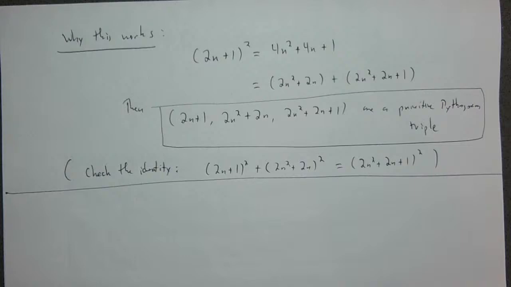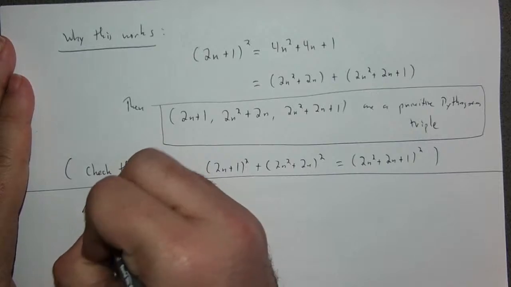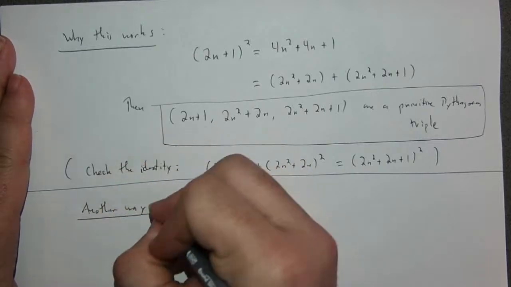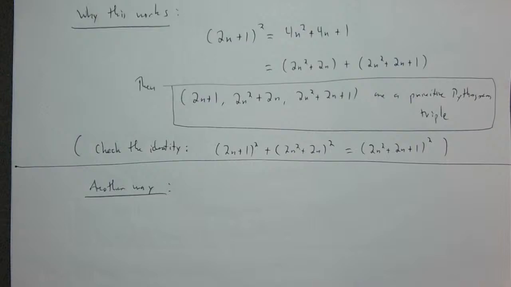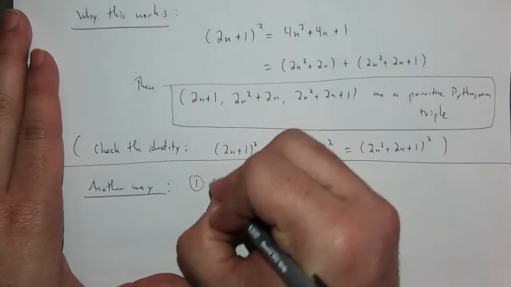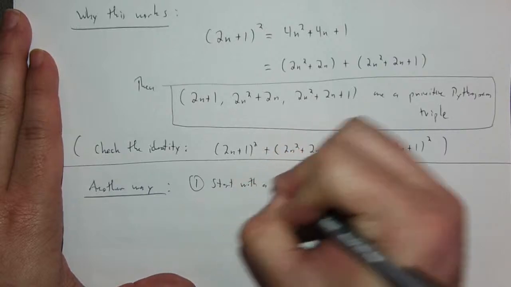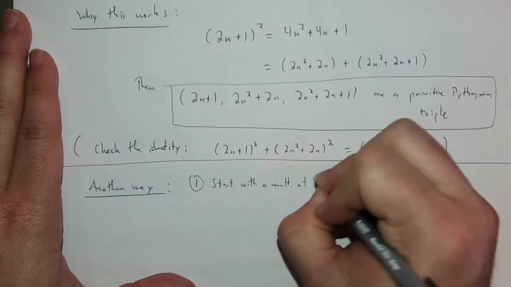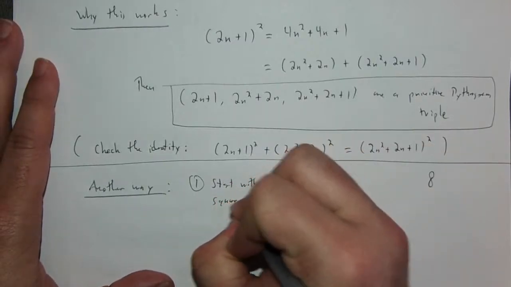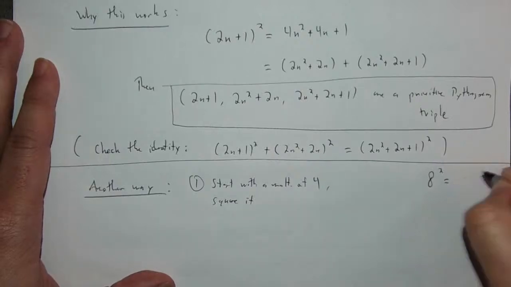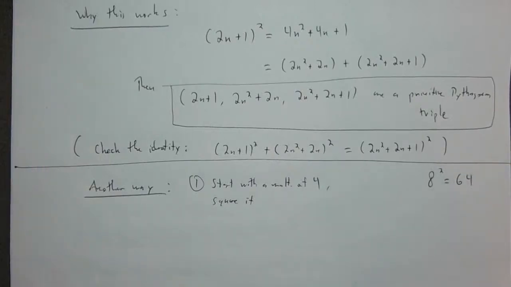Okay. So another way, before I give the general statement, in which this can be done is instead start with a multiple of 4. So let's say 8. Okay, over here. So square it. So 8 squared is 64. Okay.